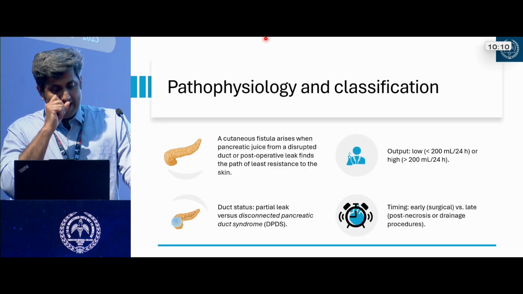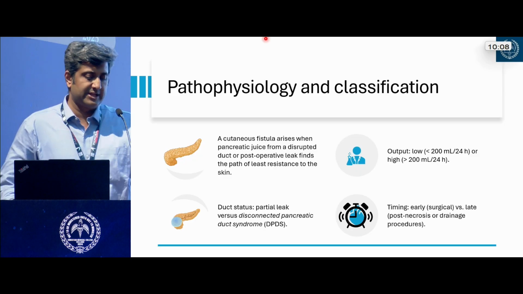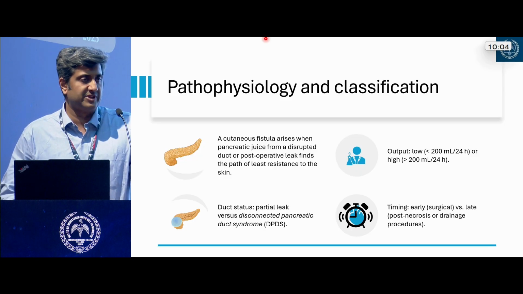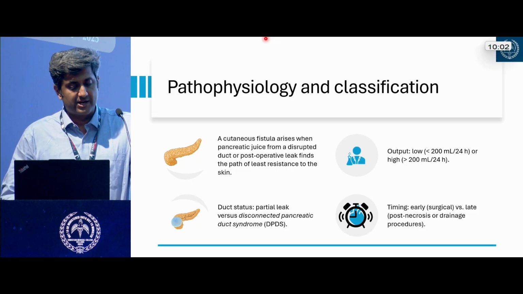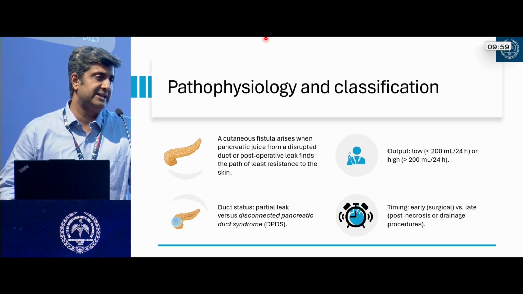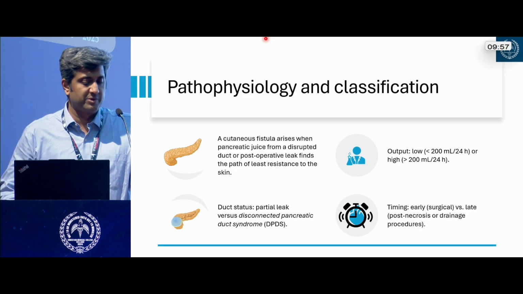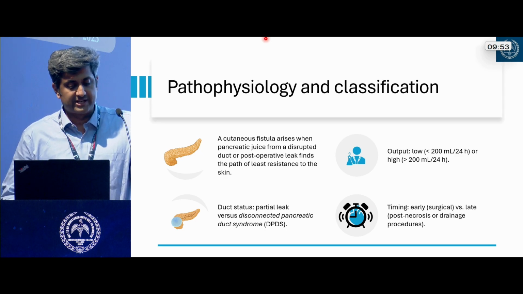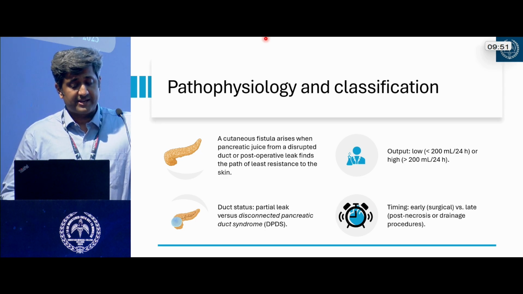So going back, we need to know that there's a cutaneous fistula because there's disruption of the duct. The pancreatic juice is leaking out, and it's seeking the path of least resistance. Sometimes that could be to the skin because of something we've done, or naturally. It's defined as either high output or low output.